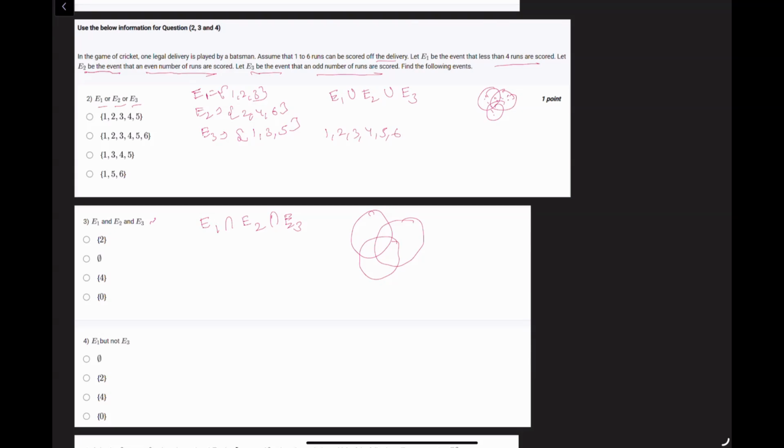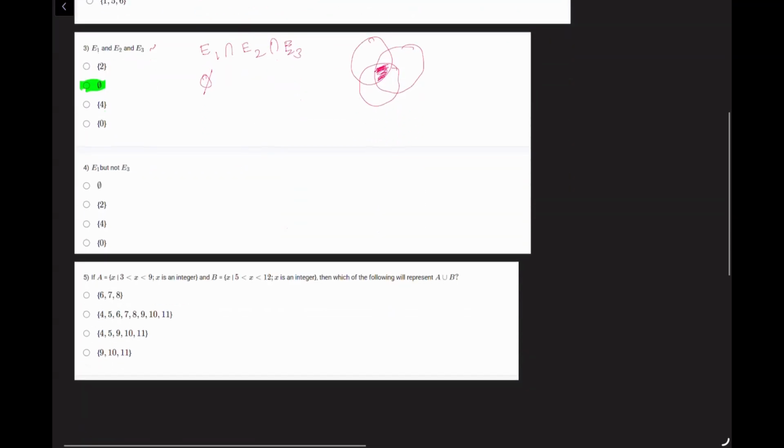So in the Venn diagram, E1 and E2 and E3 is going to be this one. What is common in E1, E2, and E3? If you see, you will find that nothing is common. 2 is common in the first two, 3 is common in the first and last, but nothing is common in between. So it's a null set, which means you have nothing in the sample space.